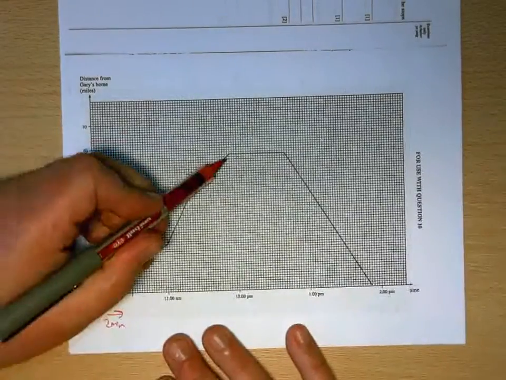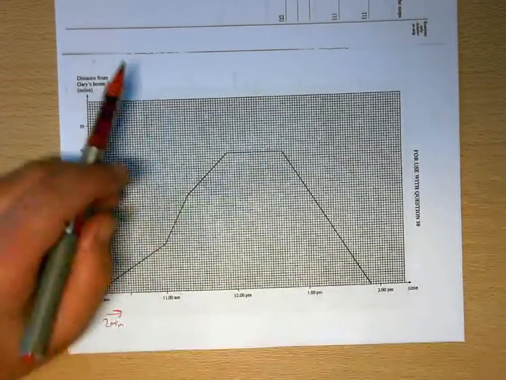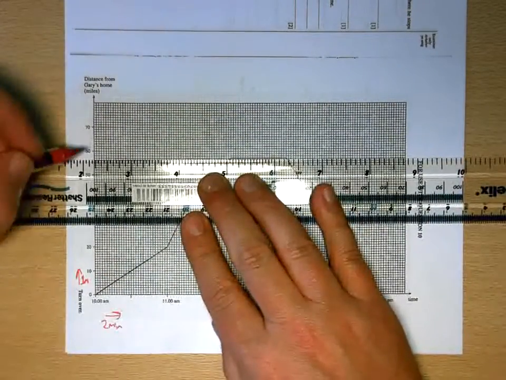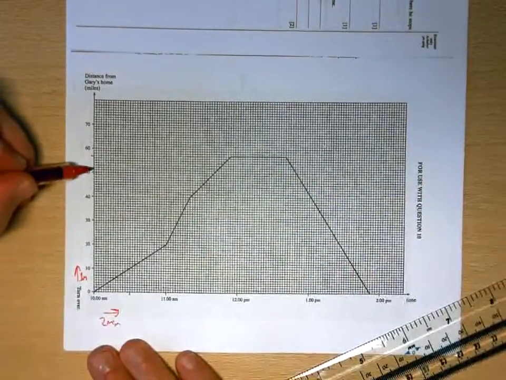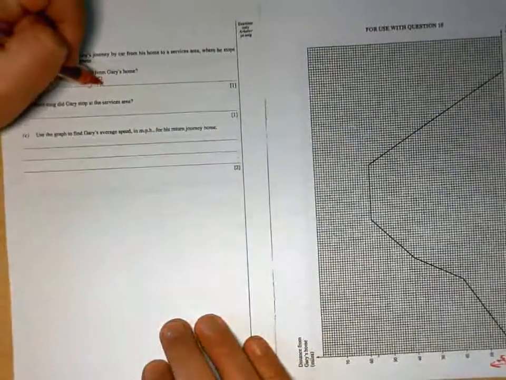So that part of the graph is going to be where he's at the services. So if we read that off my scale, you can see that that's going to be 51, 2, 3, 4, 5, 6, 7, 57 miles from Gary's home.